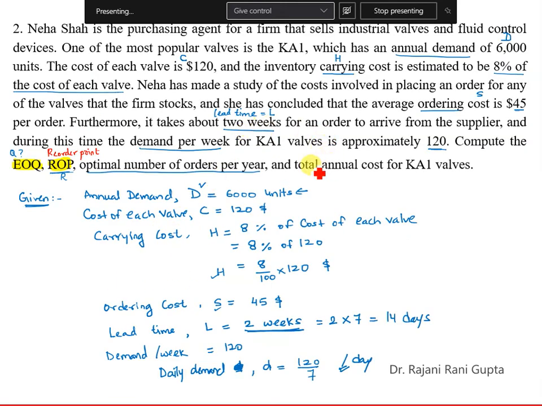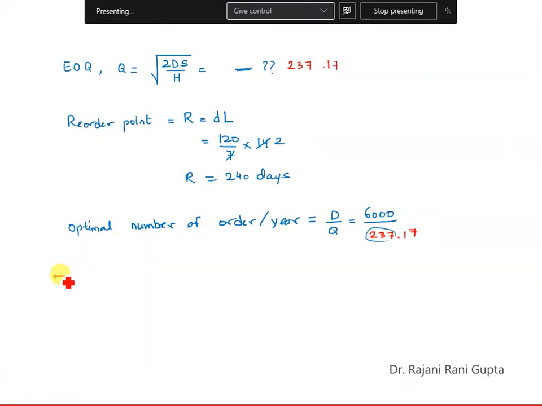What is asked lastly? Total annual cost. Which is given by D multiplied by C, annual demand multiplied by cost per unit, plus annual demand divided by Q, the number of orders, times S, plus Q over 2 times H. Now as we have all these values, we can substitute them here and get the final answer.